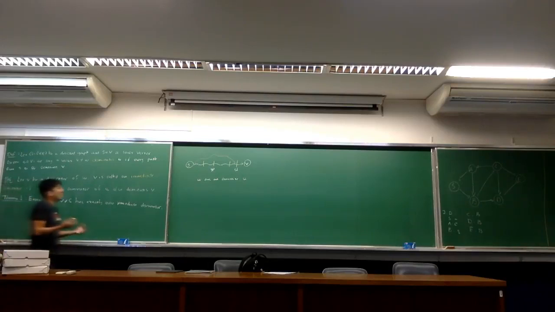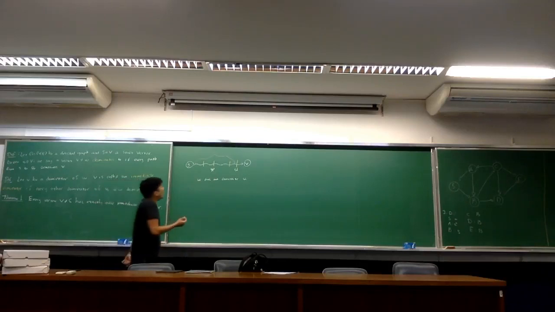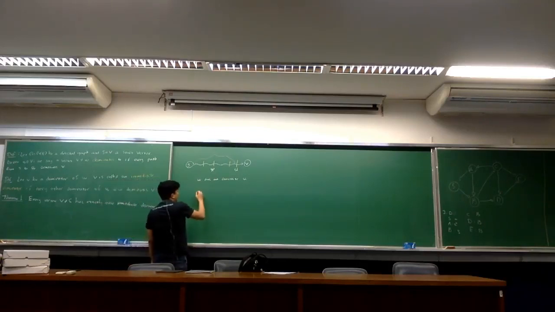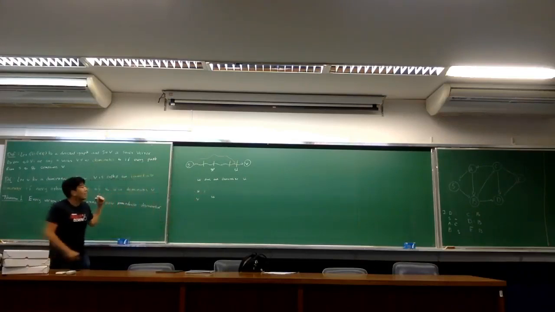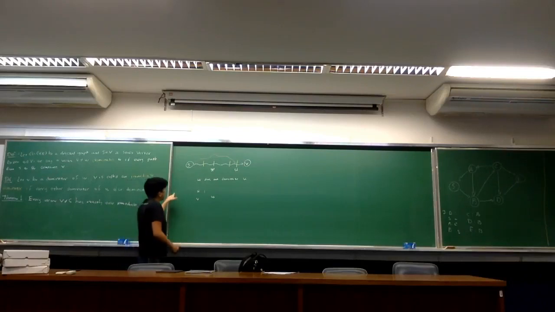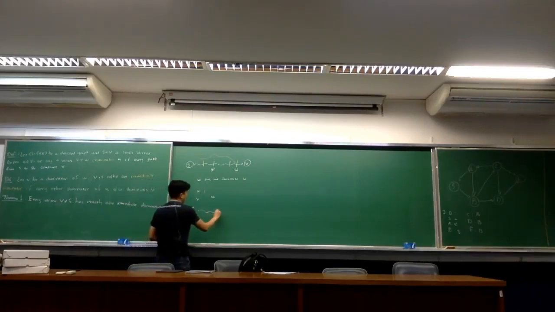Suppose that a vertex has two different immediate dominators, U and V, and they both immediately dominate W. And now consider any path from S to W once again.